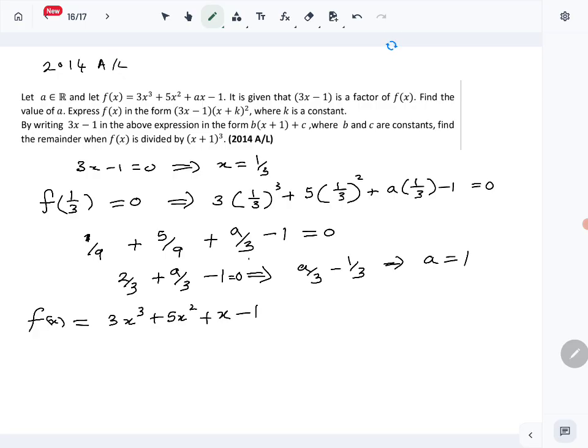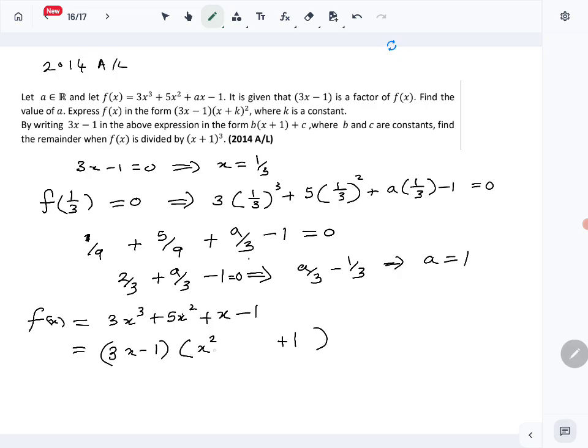Okay. Express f of x in the following form. So we know one factor now, 3x minus 1. By observation, let's create the other quadratic first. So you get x squared, I want minus 1, so I need plus 1 here. Then I get 3x cubed minus x squared.